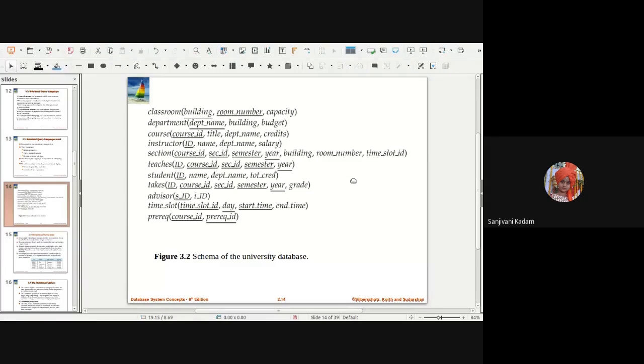So the section covers which course has been taken in which section, and there is also a semester pattern within each section.